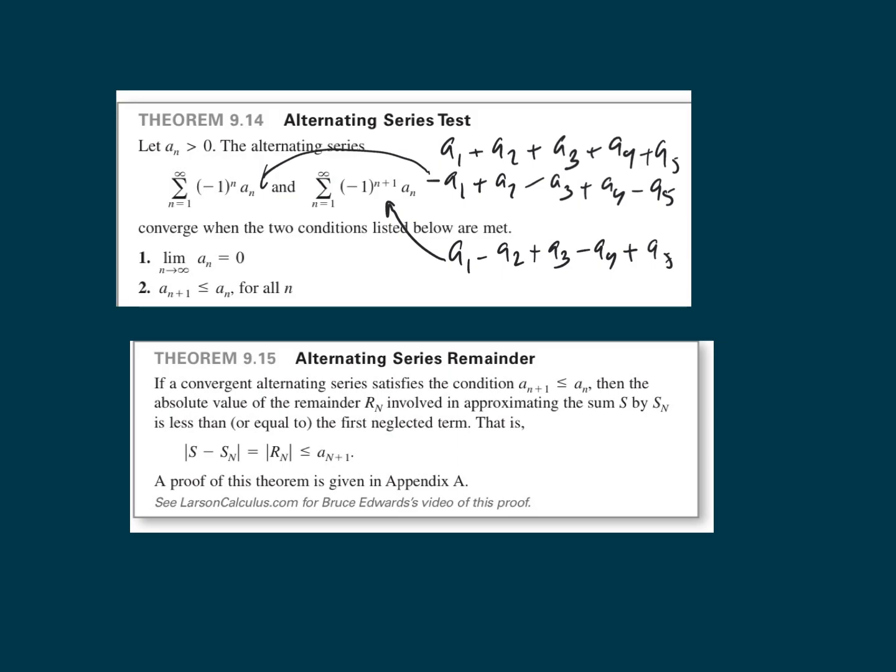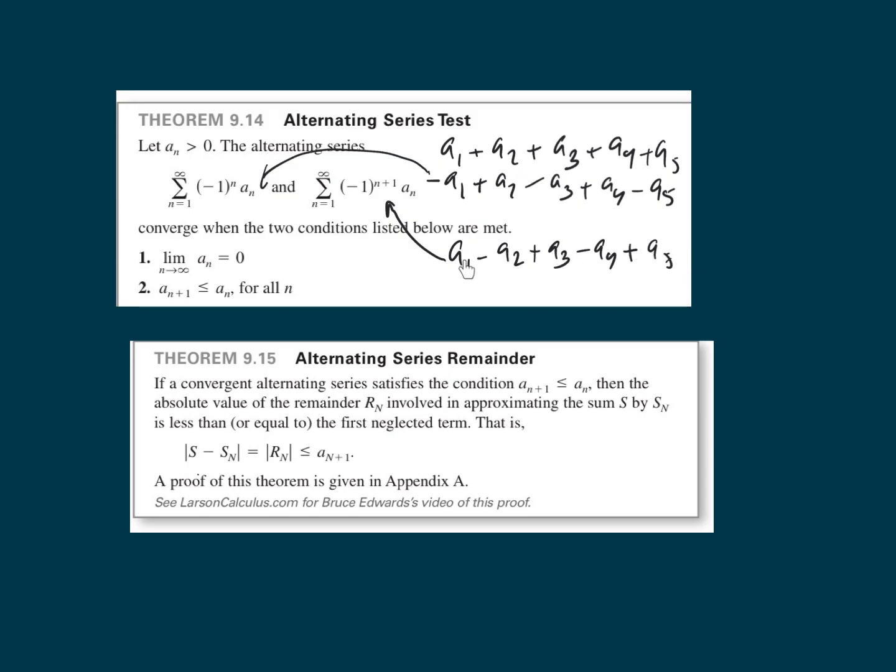And there is another theorem that says what is the error that you produce when you sum only n terms of an alternating series. The sum is S. You don't know what S is, but you can sum up to a sub n. For example, you can sum S5: A1 minus A2 plus A3 minus A4 plus A5.